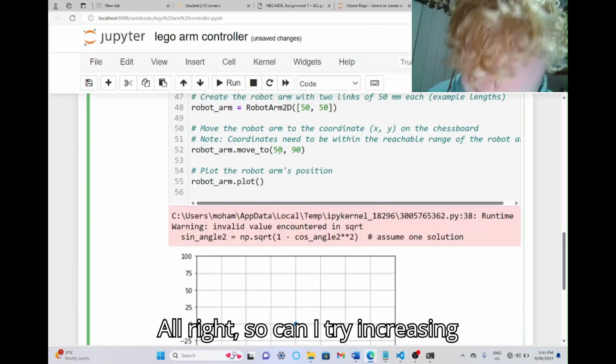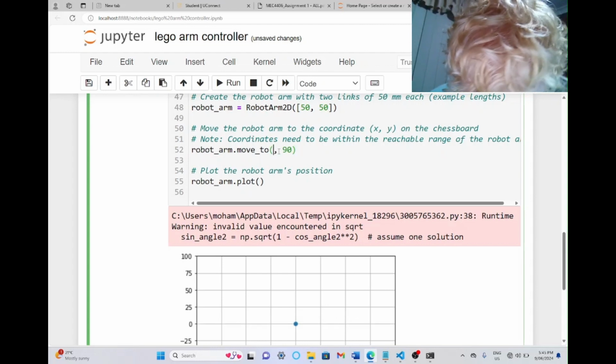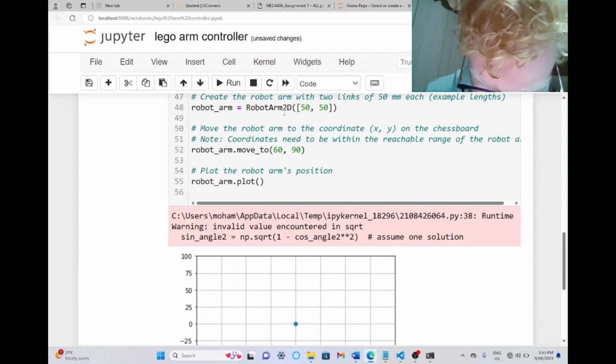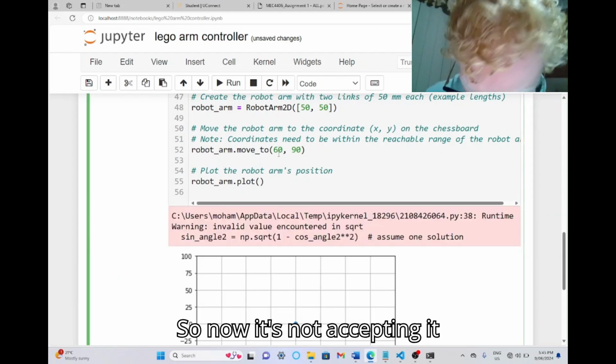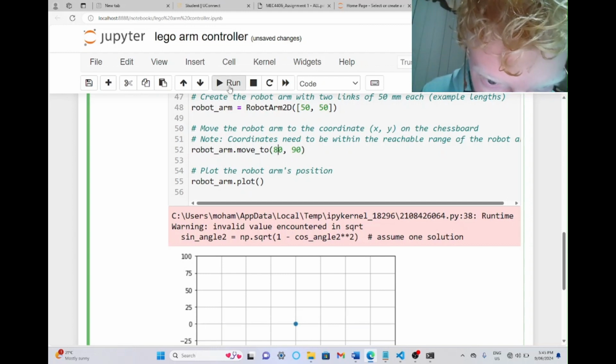Alright, so can I try increasing that to 60? Also no, it's not accepting it. How about 80?